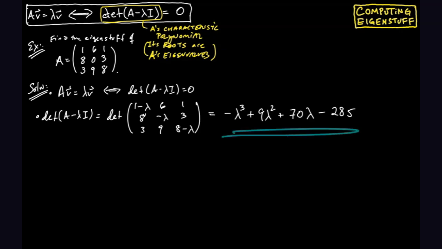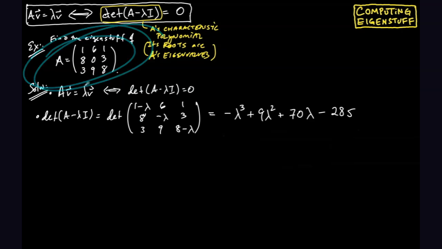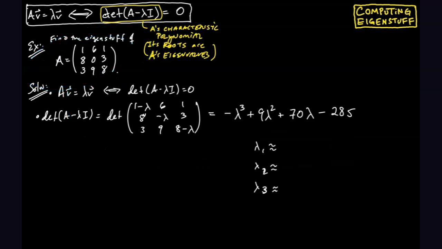As it turns out, this thing does have 3 roots, and therefore this matrix has 3 real eigenvalues, which I'll call lambda 1, lambda 2, and lambda 3, and their approximate values are minus 6.955, 3.217, and 12.739.